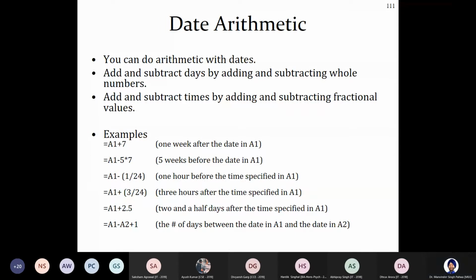Okay, so accordingly these formulas are given. You can put some date in cell A1, and you can apply the remaining formula in the rest of the cells, and you will get the answers accordingly. It means that Excel enables us to do all the arithmetic on dates also.